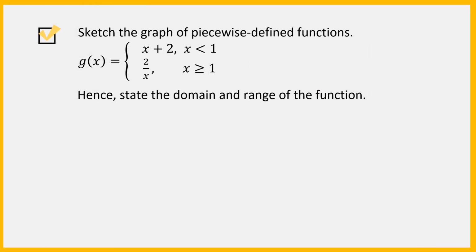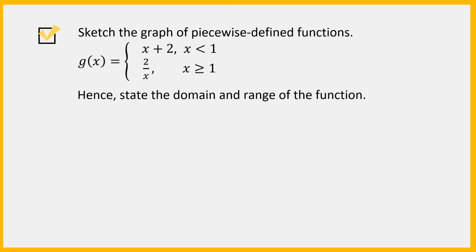For the last example, sketch the graph of the piecewise defined function g of x equals x plus 2 for all x less than 1, g of x equals 2 over x for all x greater than or equal to 1, hence state the domain and range of the function.